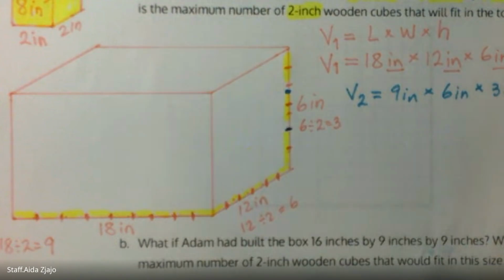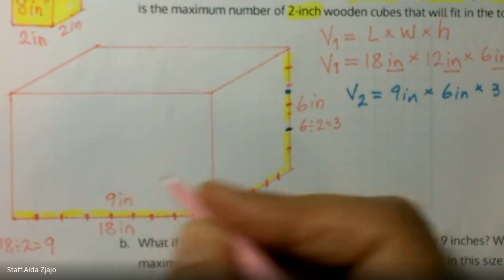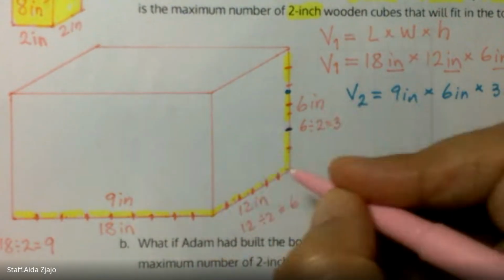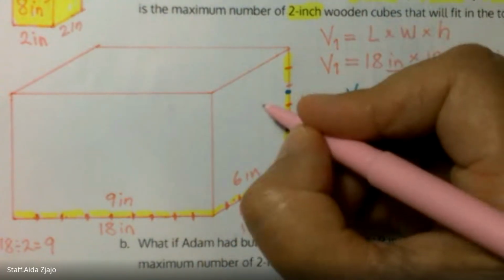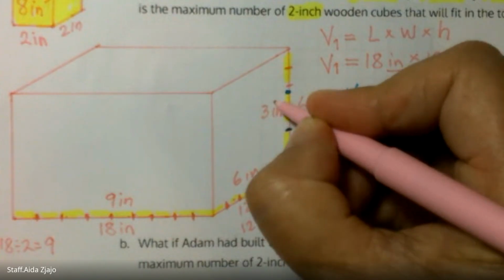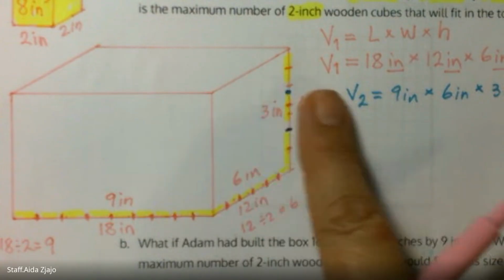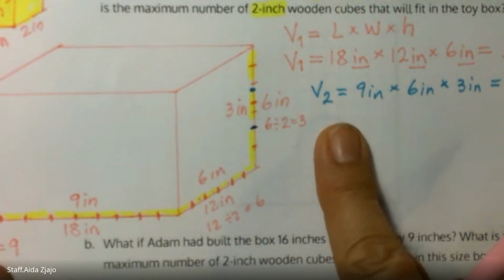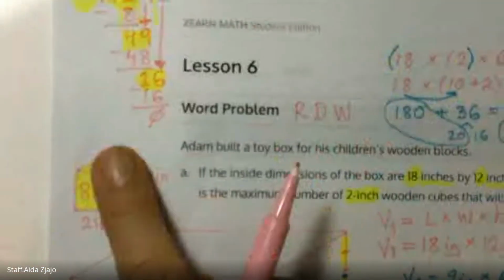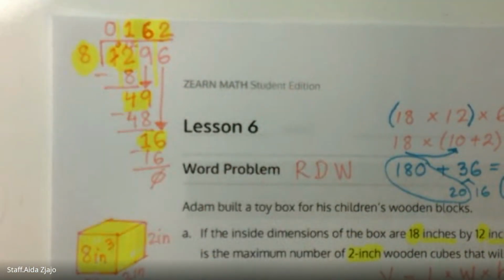All right, so now thinking of this is 9 inches, and this would be 6 inches, and then your new measure would be here 3 inches. So when I multiply 9 by 6 by 3, I will get the volume 2, which should get the same answer as if we divide the total volume with the 8.